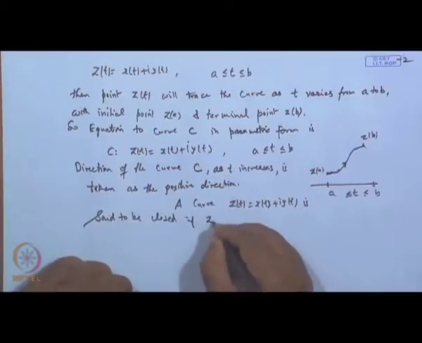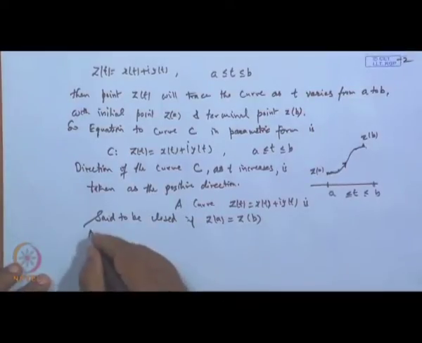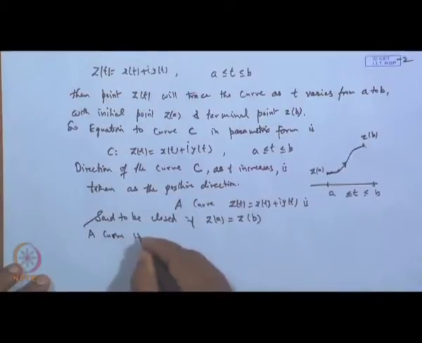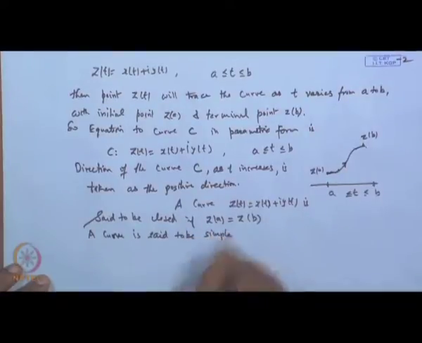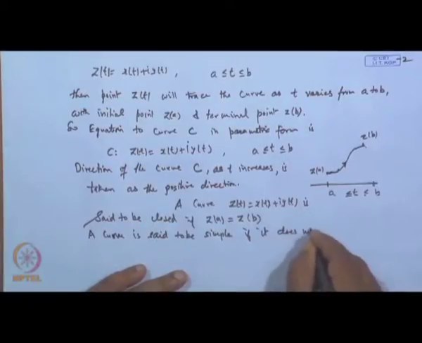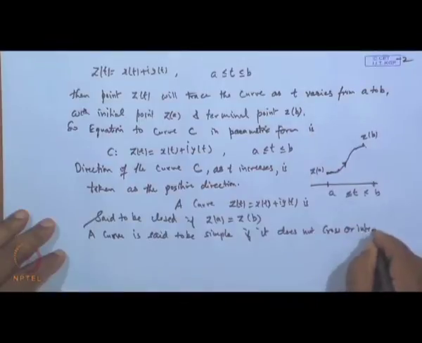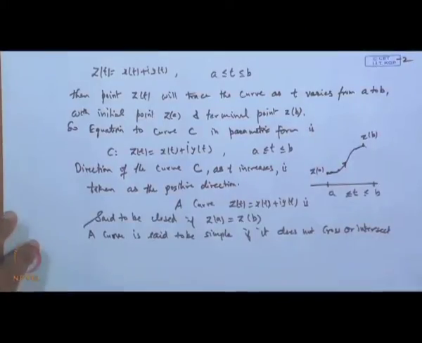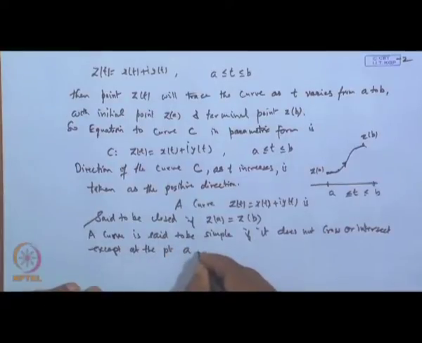if the initial point and the terminal point coincide, and a curve is said to be simple if it does not cross or intersect itself, except at the points a and b.